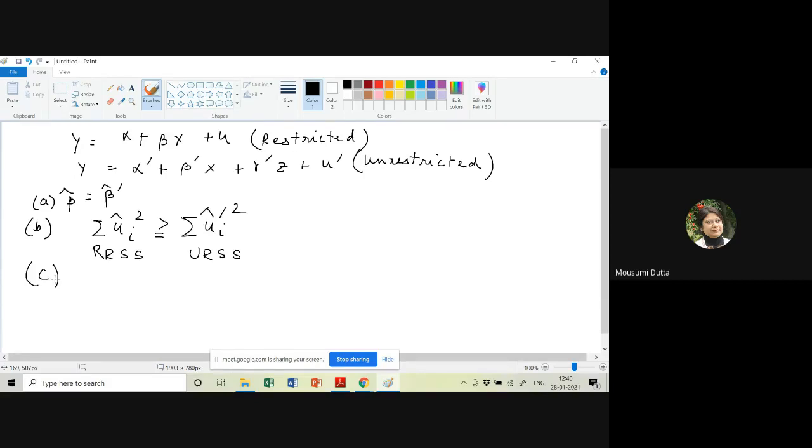C. Beta hat is statistically significant at the 5% level, but beta hat prime is not. Is it possible?